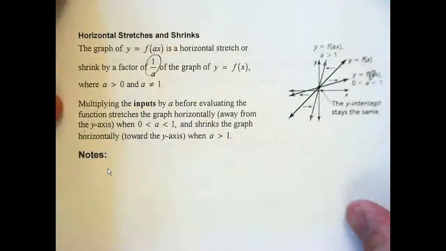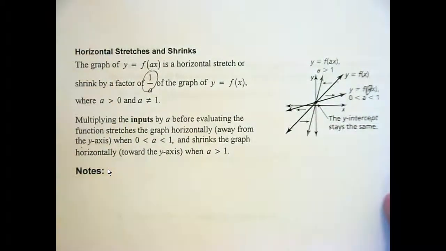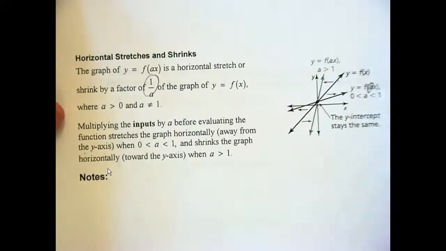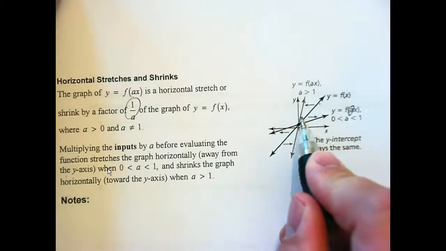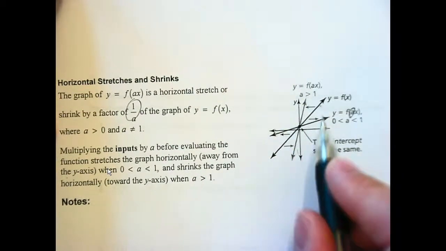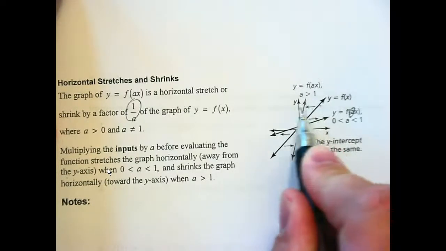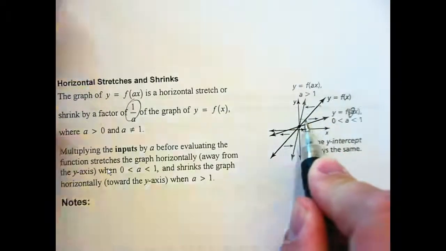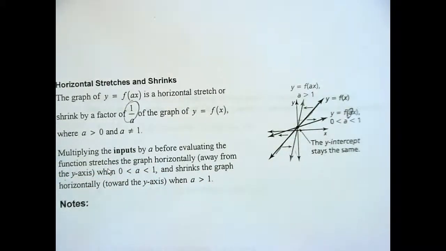I know it's kind of different. So we'll hit on that here in a minute. Okay, but please note that when you're doing horizontal stretches or shrinks, you're moving it in relation to your y-axis. You're moving it towards or away from the y-axis. So this line right here, let me highlight that line to be a little easier to see.